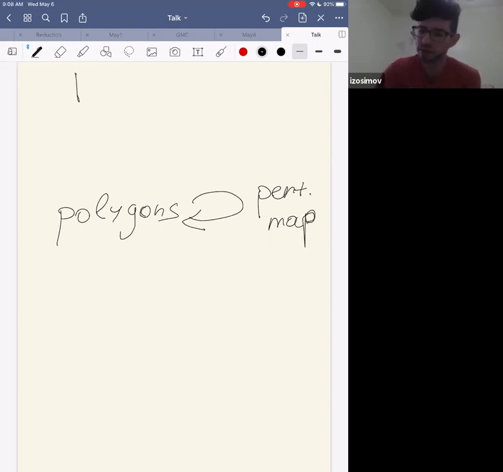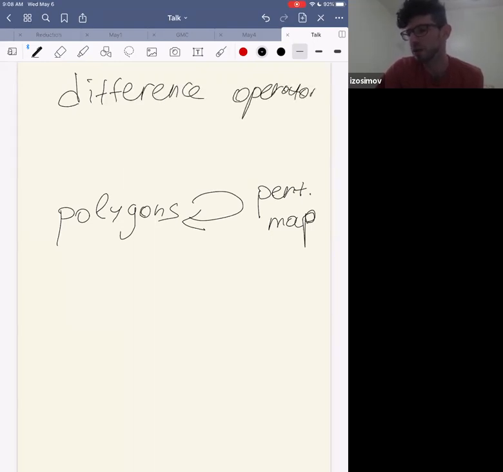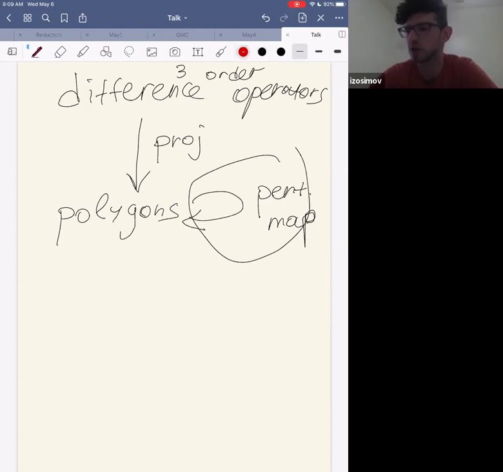And now we have the space of difference operators, third order difference operators in the periodic setting. As we just discussed, the space of polygons is a quotient of the space of difference operators. And because of that, there is a projection from difference operators to polygons. And using that projection, we have a pentagram map acting downwards.